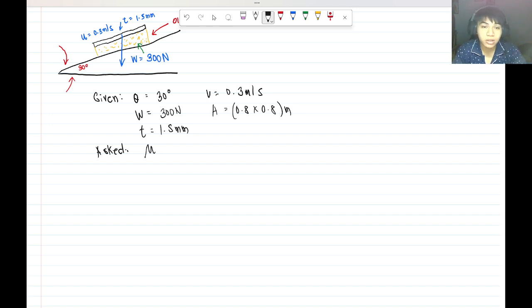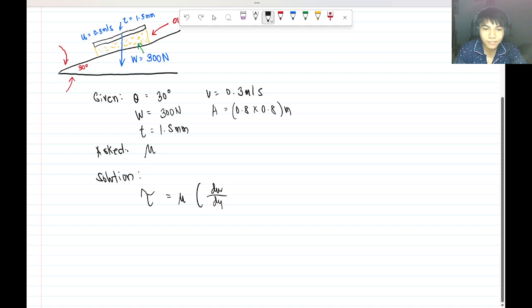The formula in the module is for the shear stress, denoted by tau, like this weird looking T, that is equal to the dynamic viscosity times the velocity gradient, du over dy.